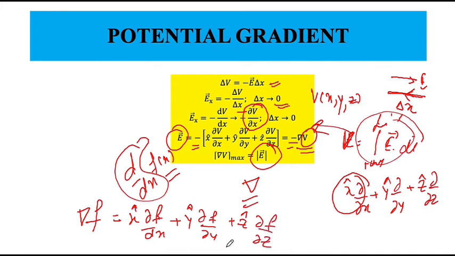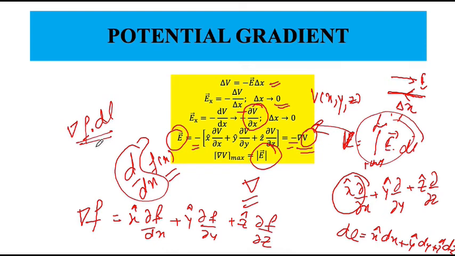Okay, so if I now consider some path, say dl, decomposed as x hat dx plus y hat dy plus z hat dz, and then I ask you what is the component of del f along this line dl, you can obtain that by taking the dot product of the gradient with the line segment, and you are going to get del f by del x into dx plus similarly the other components.